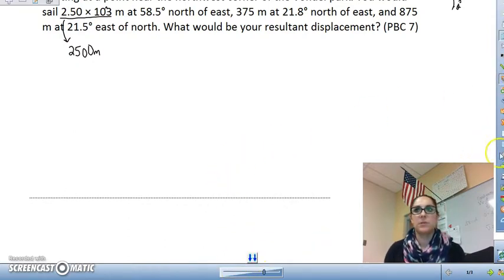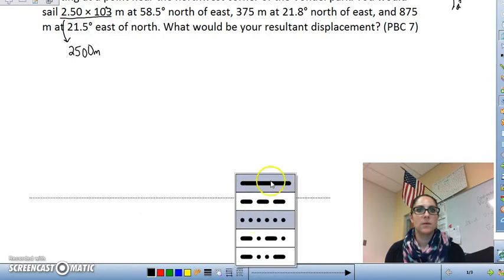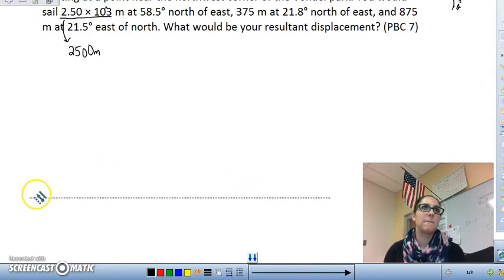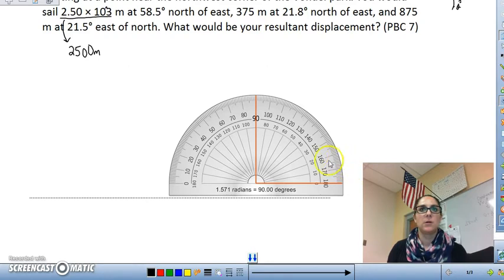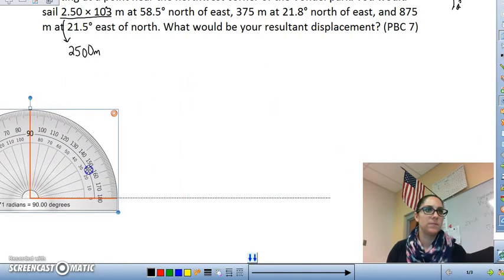Now I'm going to use the arrow. So let's do the first one. Let's get an arrow. Solid. Great. So what we're going to do is we're going to sail 58.5 degrees north. So this is east. North of east is going to be measured out. So let's do that. So I would start here.